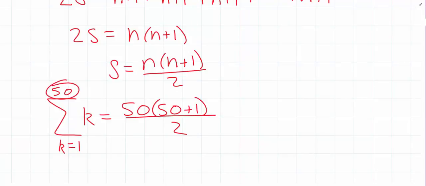So that's the sum. And you could work it out, but this is 51, and of course that would be 25 times 51. We're not going to be doing a lot of this computation. We're doing this because I'm trying to get you ready so I can define the definite integral for you. And it's going to require these sums. Okay, any questions about that?